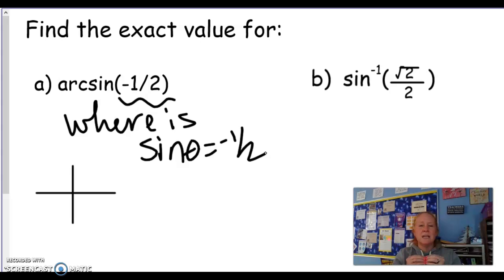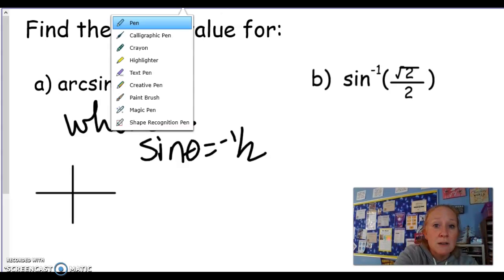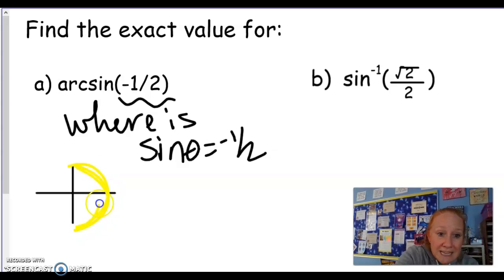So think about when your sine is 1/2 at all, what's our reference angle? Sine being 1/2 would be at pi over 6, right? Sine is the y value, so that's going to be some kind of pi over 6. Remember that I'm only working in these two quadrants, going from negative pi over 2 to positive pi over 2.